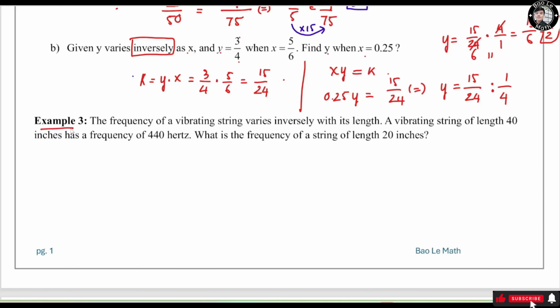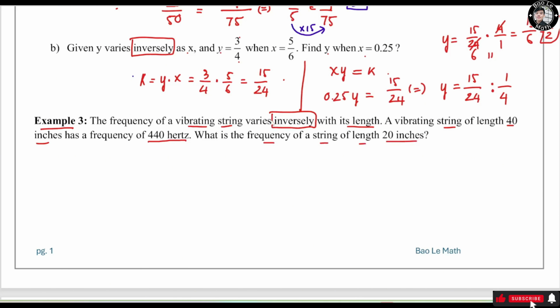Now example number 3. The frequency of a vibrating string varies inversely with its length. A vibrating string of length 40 inches has a frequency of 440 Hz. What is the frequency of a string of length 20 inches?